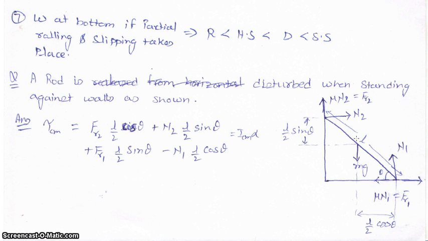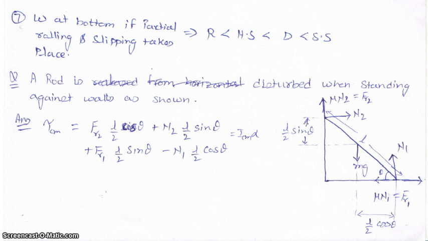If I have to take the torque of friction 2, then what I did, I found out the perpendicular distance, just draw this line and try to find out the perpendicular distance from the point about which you are taking the torque, which is the center of mass of the rod, which is equal to L by 2 cos theta. So friction into arm length or perpendicular length is this.